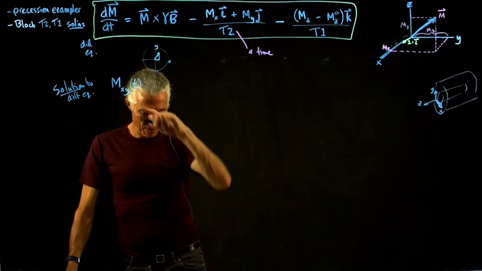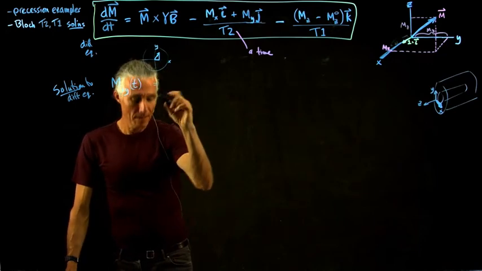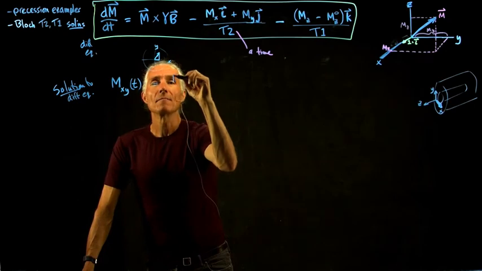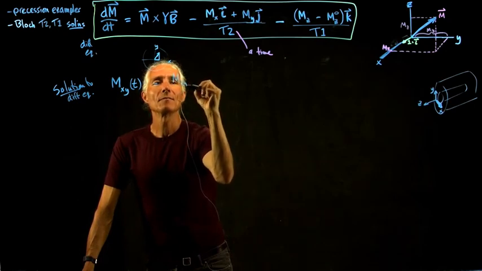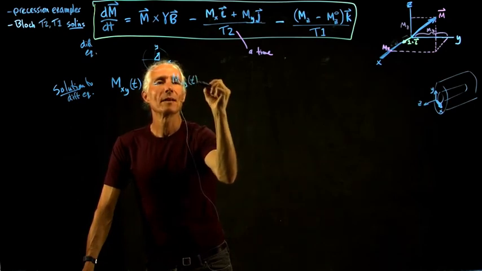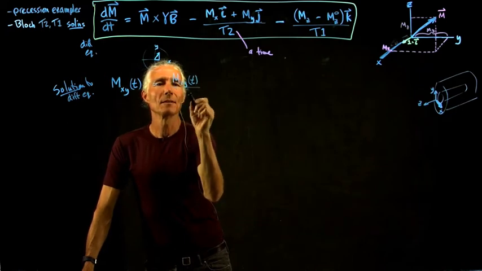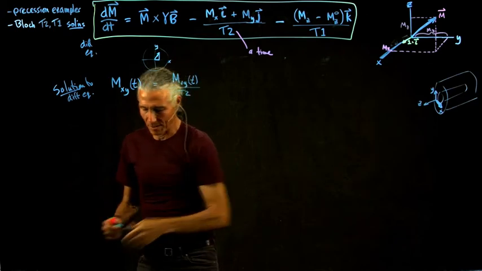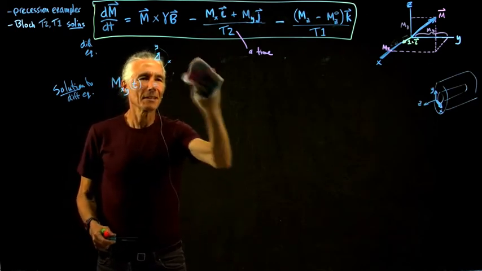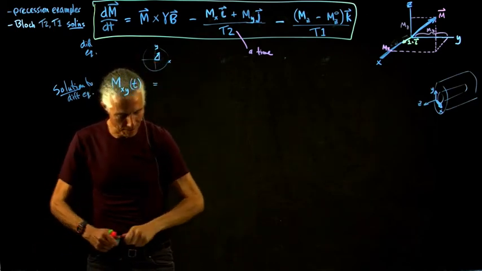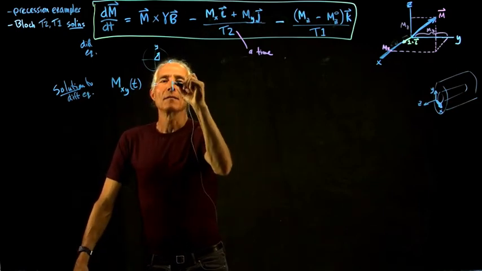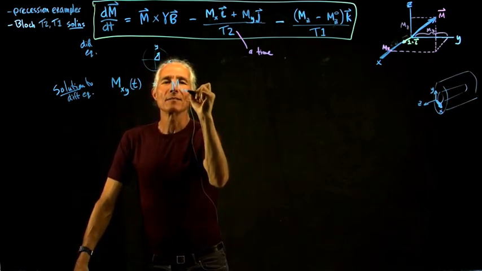The function is basically the amount of xy magnetization we have at a particular time over T2. Oh, sorry, no, that's not the solution, that's the differential equation. It's going to be the amount of xy magnetization we started with.